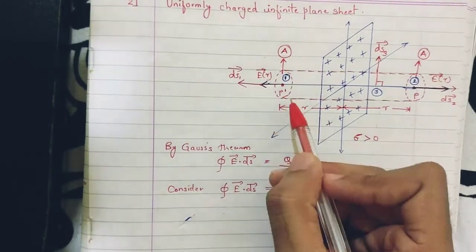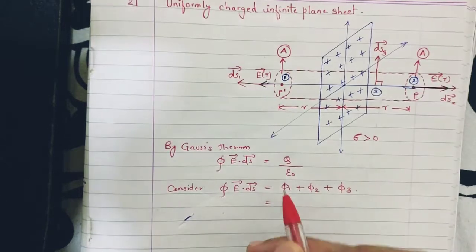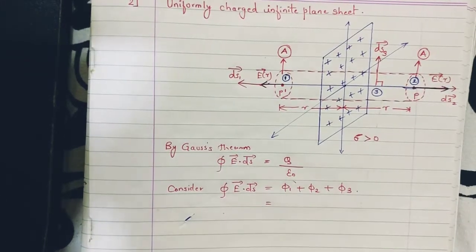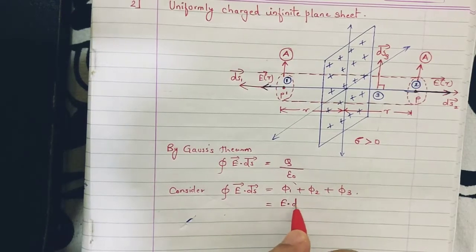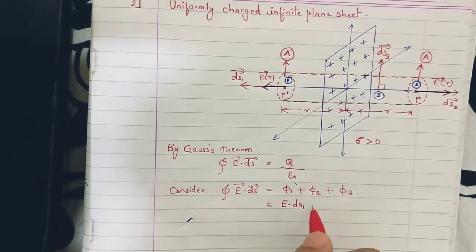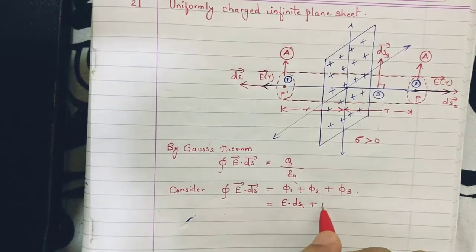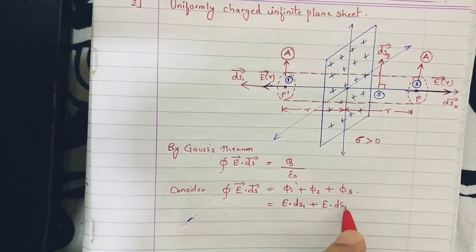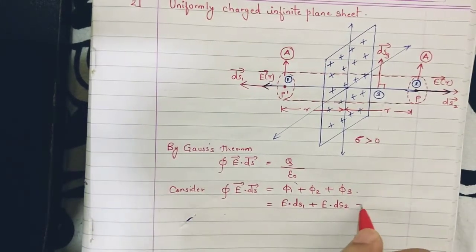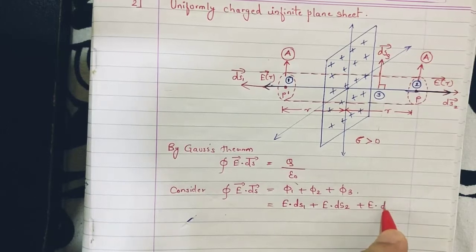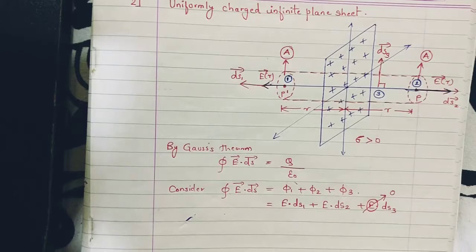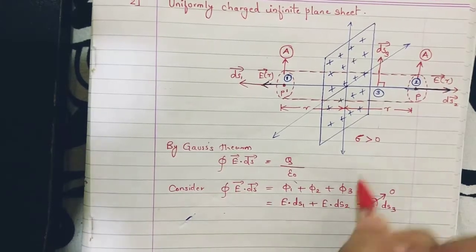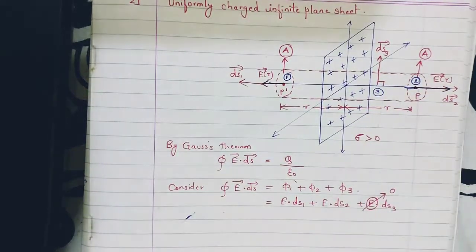So for phi1, what is going to be the total flux coming out of the surface? It is going to be E dot dS1 plus E dot dS2, and here it is going to be E dot dS3, but unfortunately E is 0 in this case. So the flux coming out from the third surface is going to be 0.